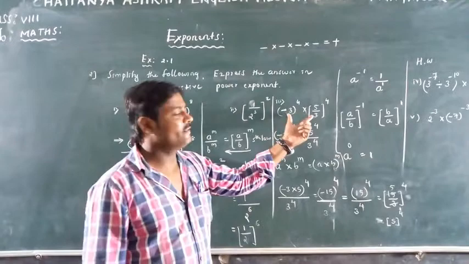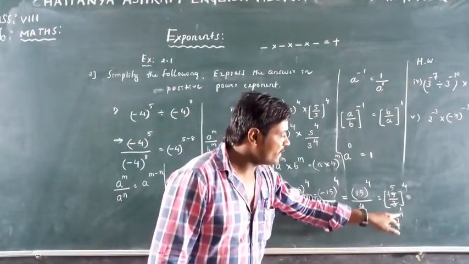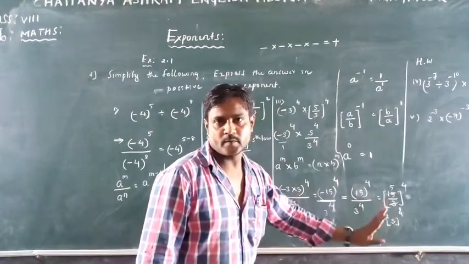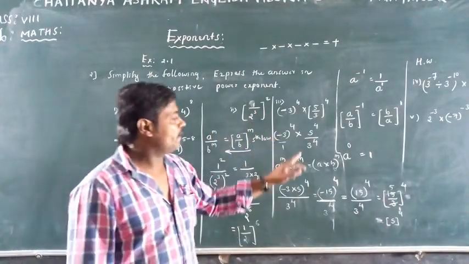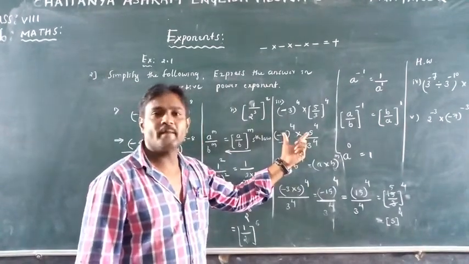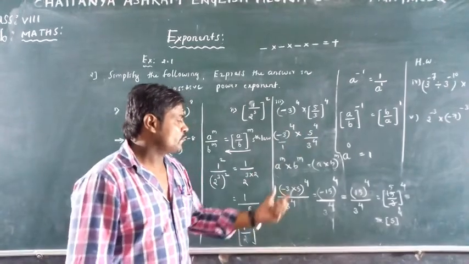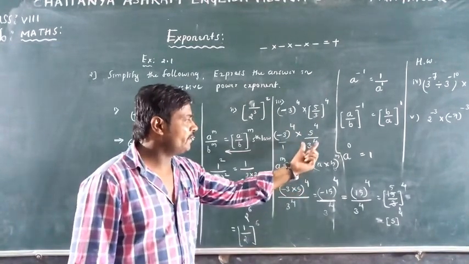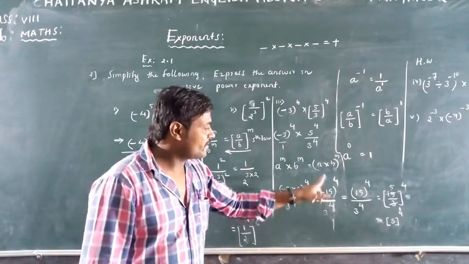So the value of the product of these two exponents is 5 raised to the power 4. Clear? So dear children, here I used the fourth law of exponents to multiply these two because they have the same power, different bases. So here I write the denominator as it is. Clear? And this is the remaining thing.